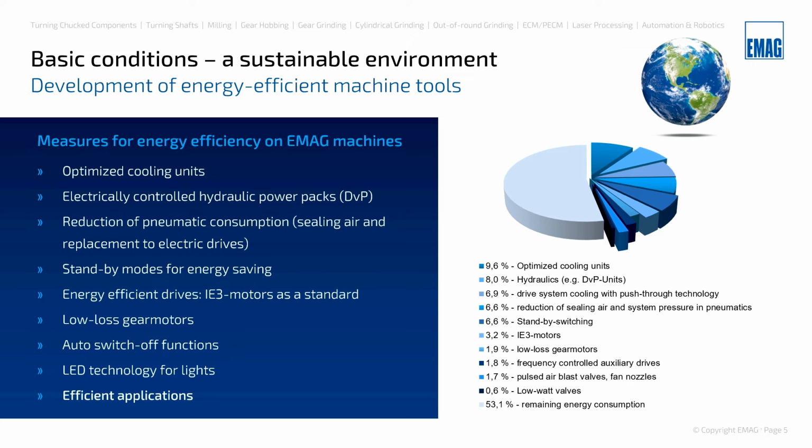We are using the standby modes for energy saving. We use energy-efficient drives. We have low-loss gear motors, hopefully every time with gears produced on an EMAG machine. And we have auto switch-off functions. We're using new LED technology for the lights.